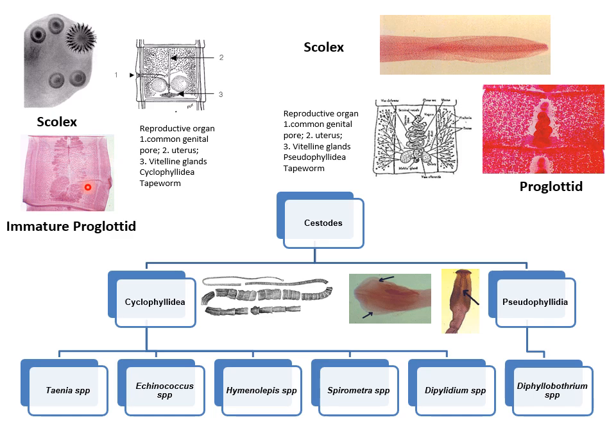If we now look at the proglottids of Cyclophyllidea versus those of Pseudophyllidea, the proglottid, which is the segment of the strobila, of Cyclophyllidea contains uterine lateral branches as well as a lateral genital pore. The proglottid of Pseudophyllidea contains a central genital organ or a rosette, plus a central genital pore.